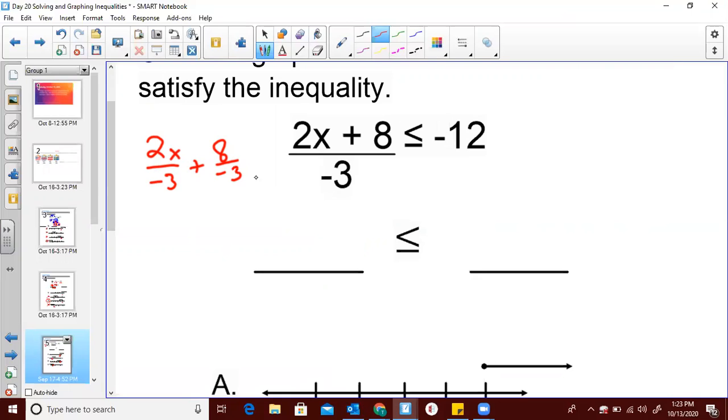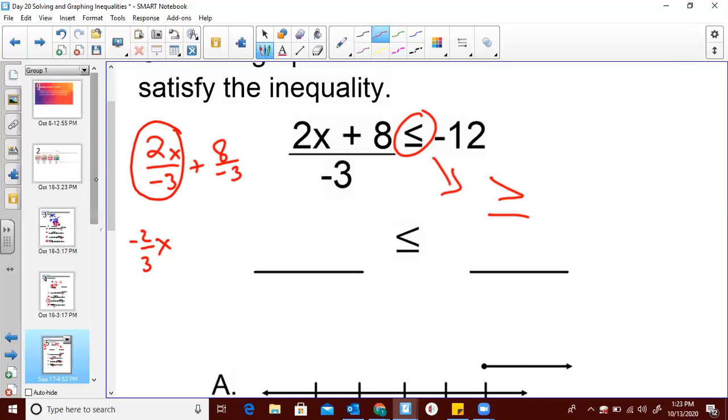I can see here that my 2x over negative 3, I have a negative in here, so that's the same as writing negative 2/3 x. So my x is in fact negative, so that means that I have to switch the sign.